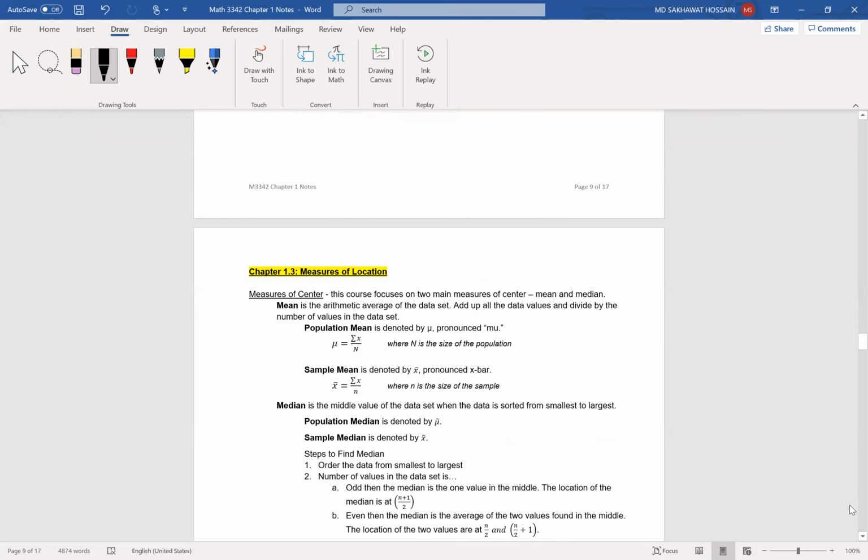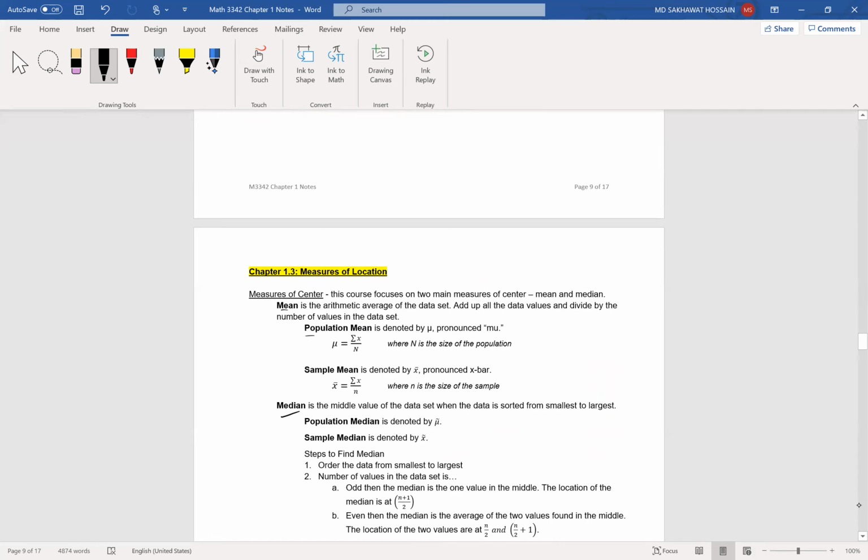So, measures of location. We actually use measures of center for the measures of location. For measures of center, usually we use mean, median, and mode. That will give us the center of the data or center of the distribution.